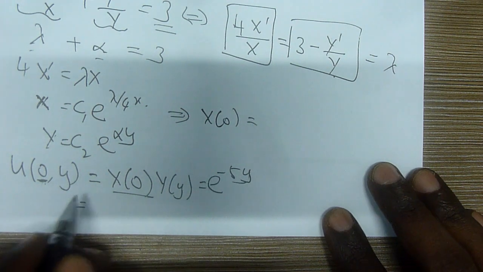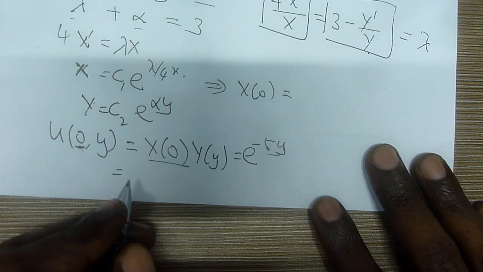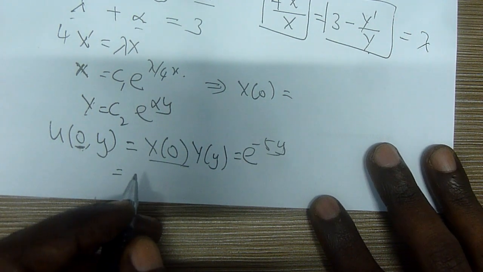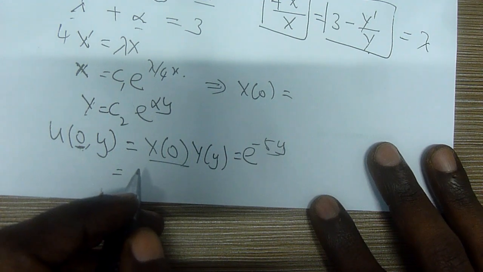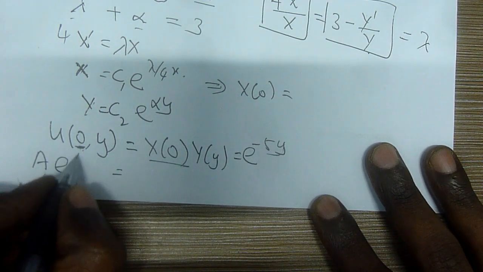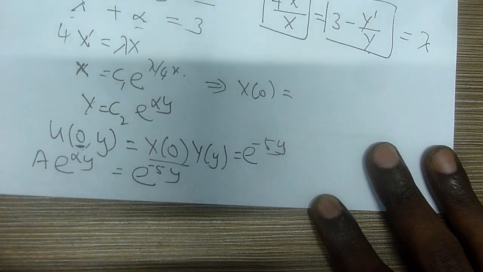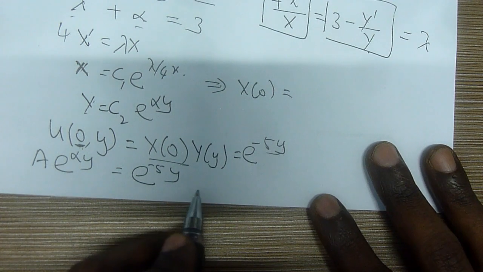This combination is something you sometimes won't be able to see. I may call it here e^(alpha y), where I get e^(5y). Okay, now I can compare.